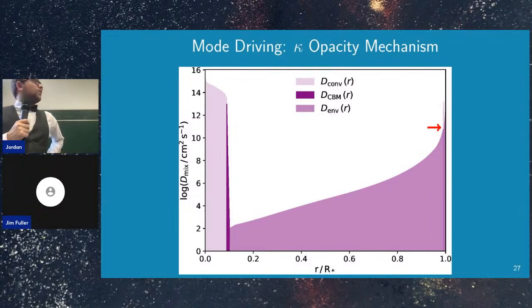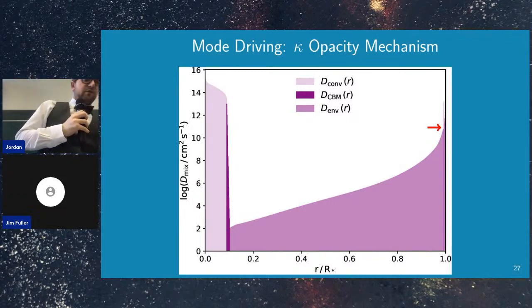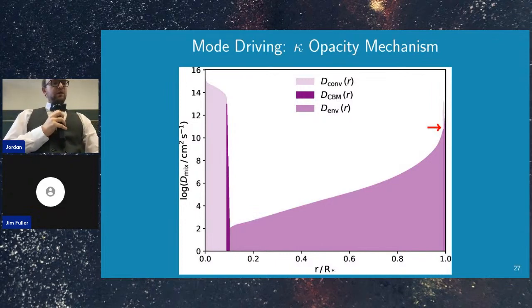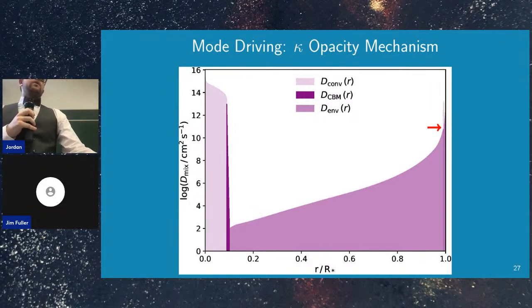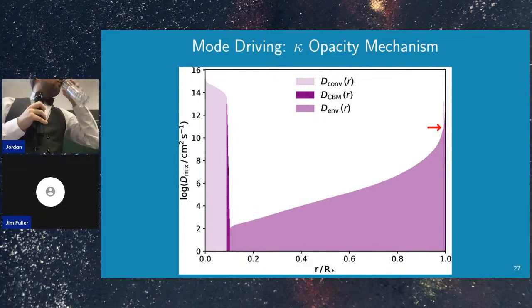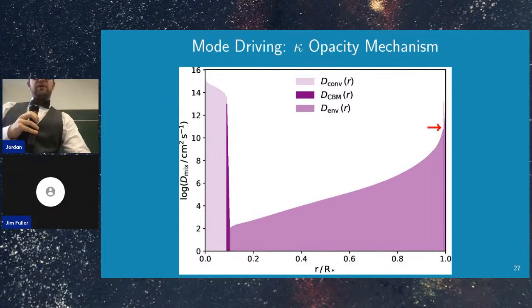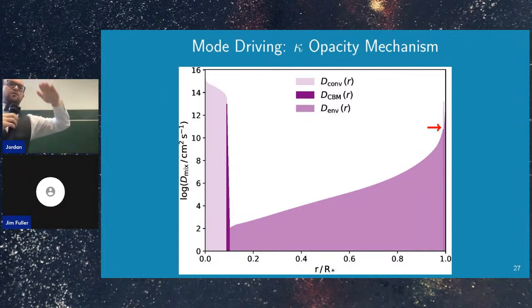That can be explained by the opacity mechanism, the kappa opacity mechanism in these B stars, where what you need, of course, is a net energy inflow to your mode. Each time a mode passes by a specific medium, you have a compressive cycle: it compresses the medium, and when it goes away, it relaxes the medium.